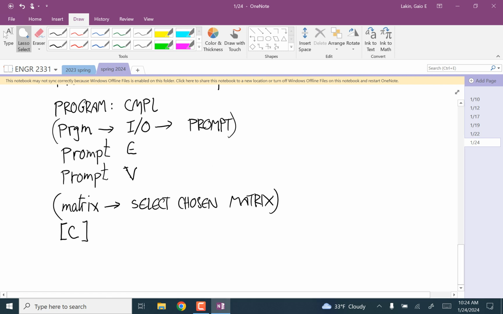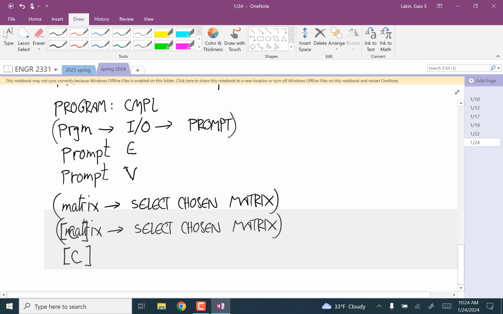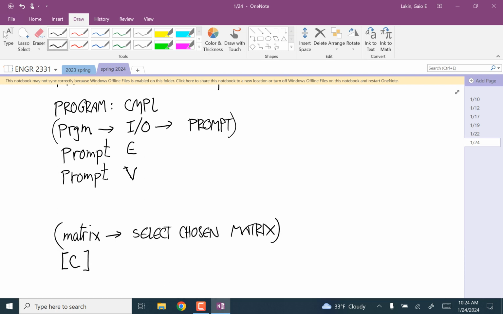Nope, I did it in the wrong order, sorry. So before you do this, we'll go 1 over E, and then hit the store button. And now is when you want to put this in this value C. Go to matrix, select it. It'll put that square bracket with the matrix name in it on the screen.